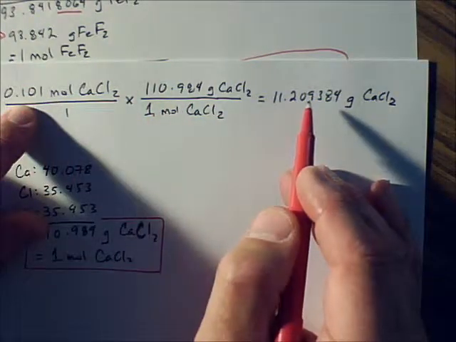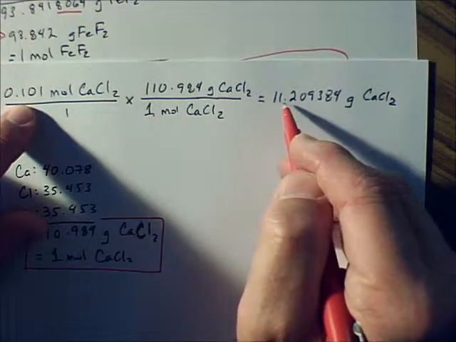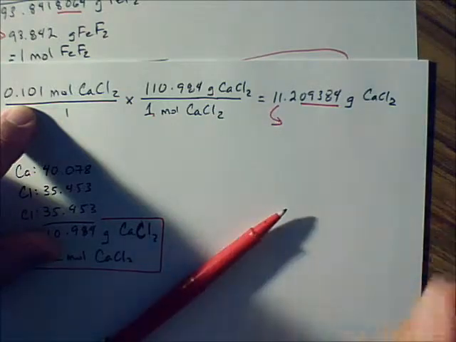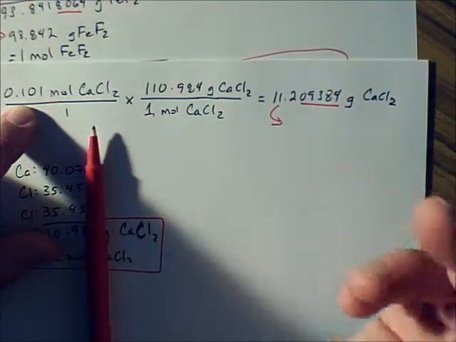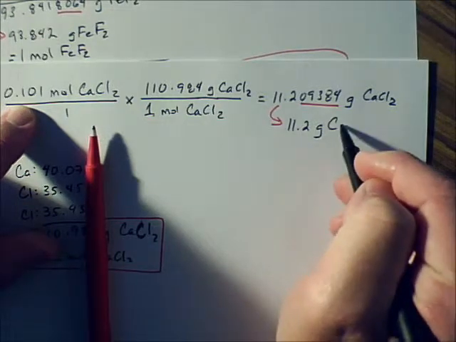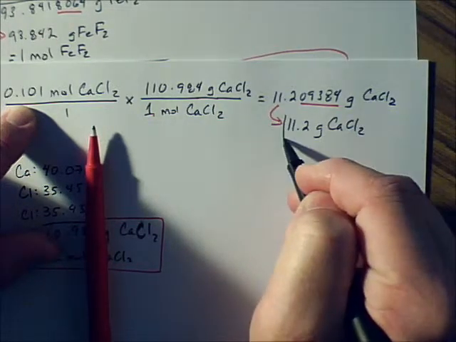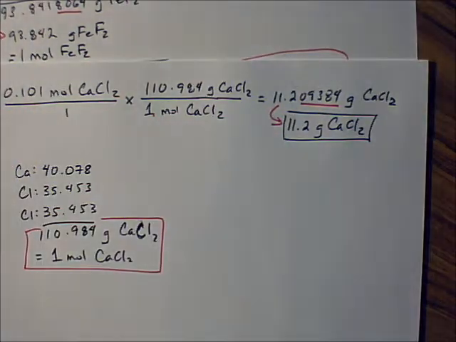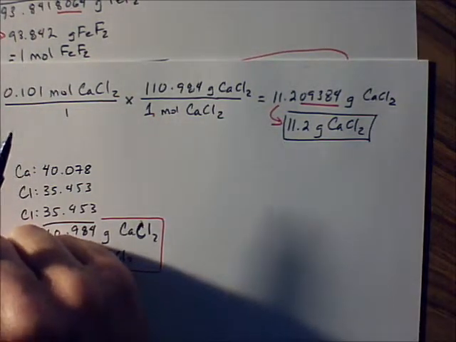That's what we want in our final answer. 3 digits. 1, 2, 3. Underline that. Draw an arrow to show that we're rounding off. Can't use an equal sign. It's not equal. 11.2 grams of calcium chloride. Okay? And that's the solution to your homework problem.